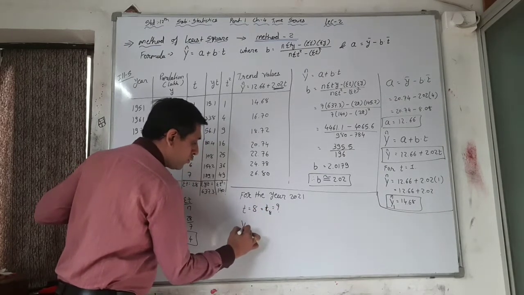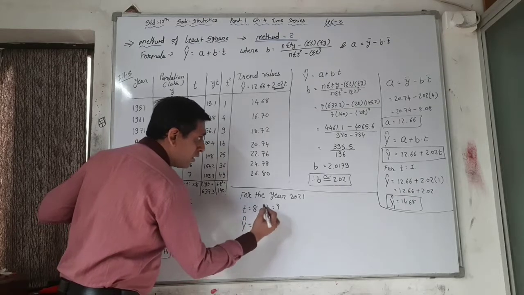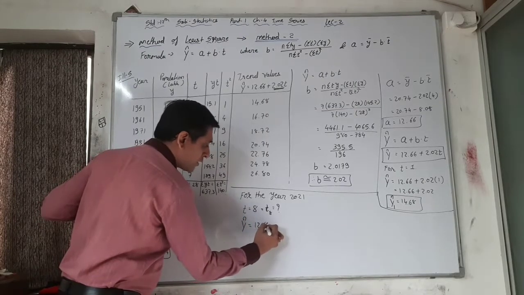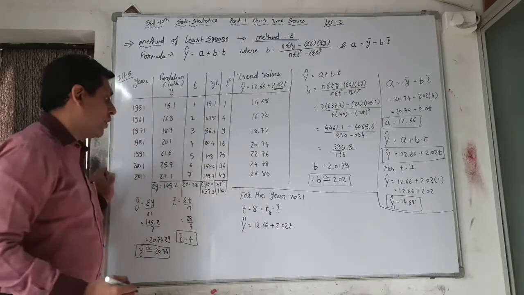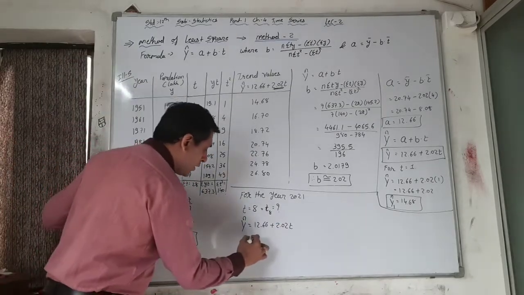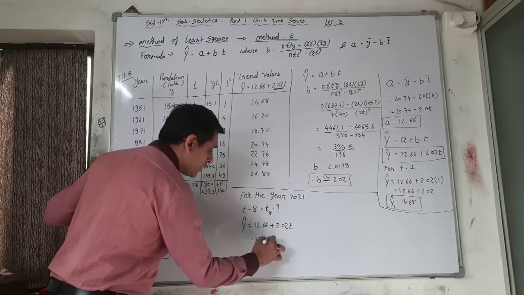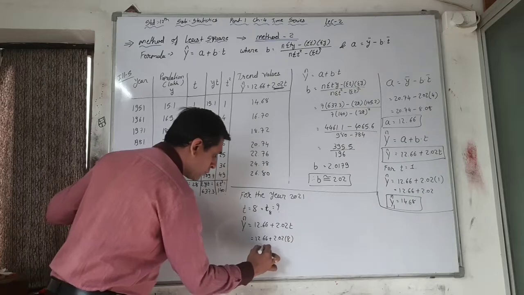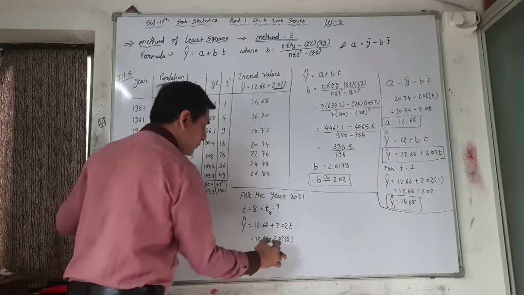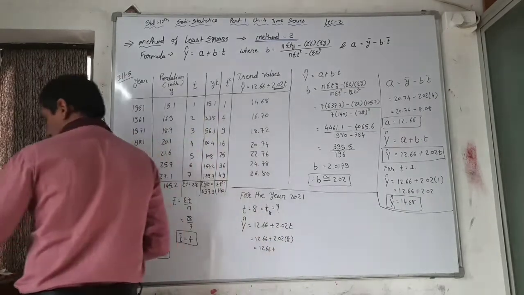So first of all, we write the equation 12.66 plus 2.02t. This is our equation, and we put t is equal to 8 into it: 2.02 into 8. Simplify it, 16.16.